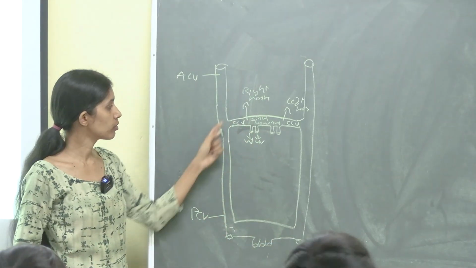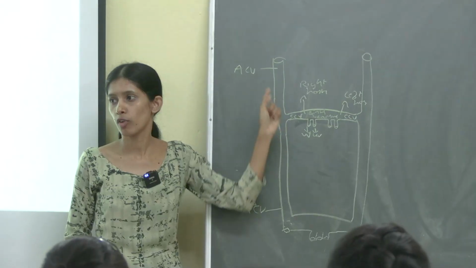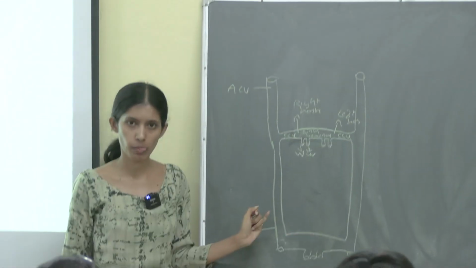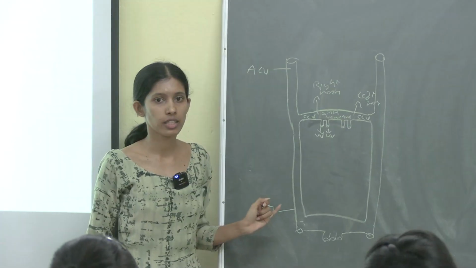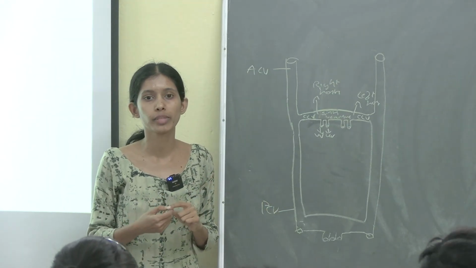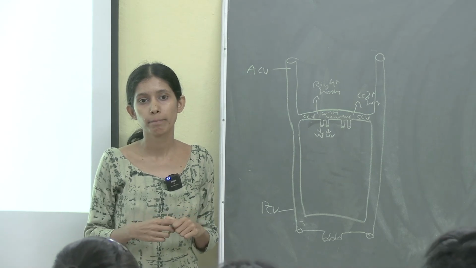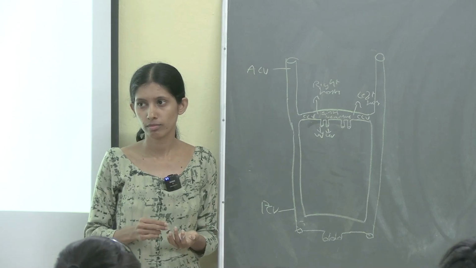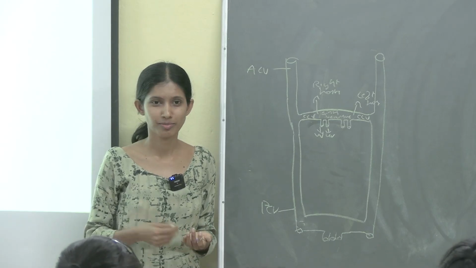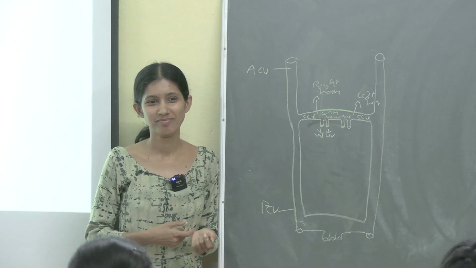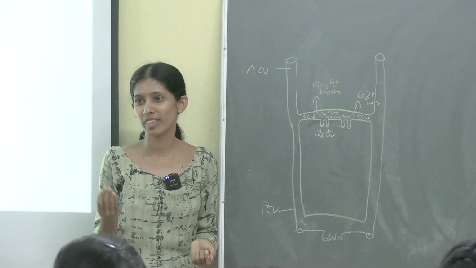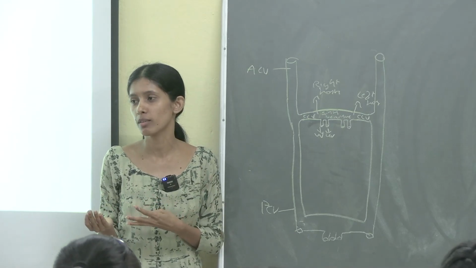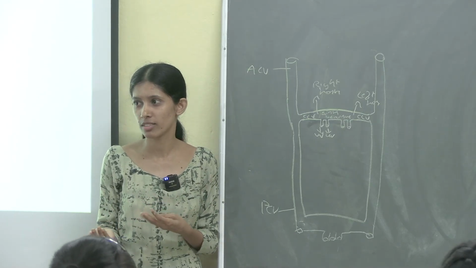Okay, so your common cardinal vein is formed by the fusion of the anterior cardinal vein and the posterior cardinal vein. But your posterior cardinal vein is formed along with the development of your mesonephrons.